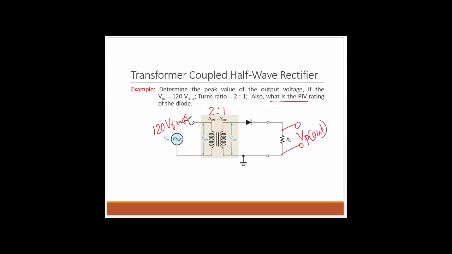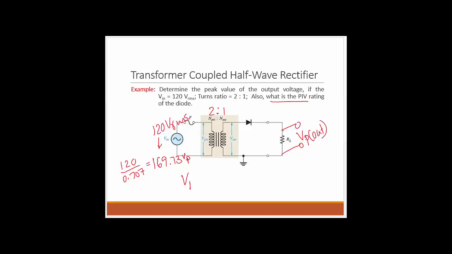So in this case, remember that first you need to convert this 120 volts into its peak voltage. You take the 120 and divide it by 0.707. You can do it immediately from the input side, or you could do it on the secondary side as well. So we have 169.73 volts peak, which is feeding into a 2:1 transformer.